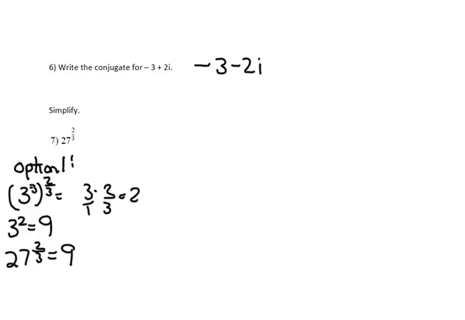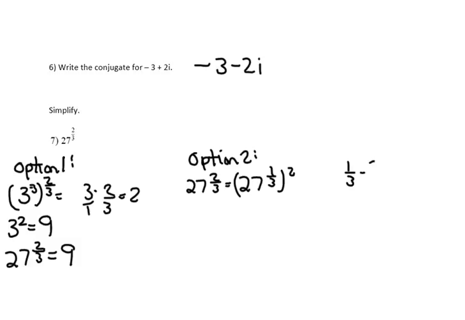Okay. Option 2. I can rewrite 27 to the 2/3 as 27 to the 1/3 squared. Now remember, when you take an exponent power to another power, you multiply. 1/3 times 2 over 1, I'll write it so you can see it, is 2/3.